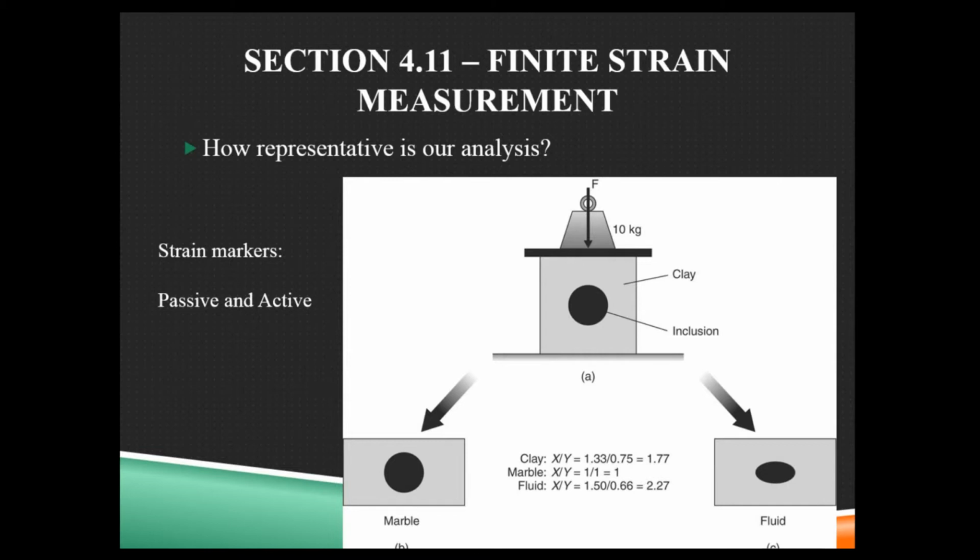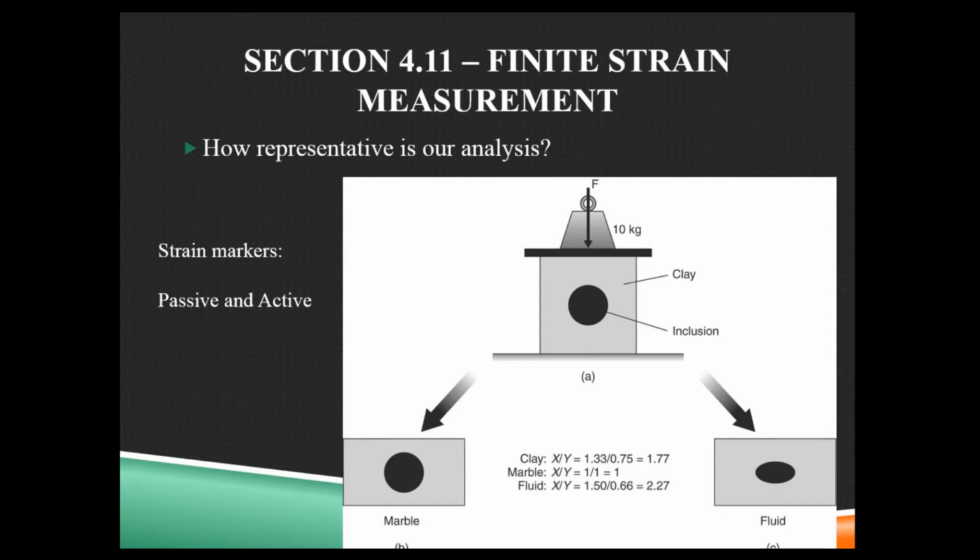We can start pushing down on that clay, and the clay will squish all over the place. The marble's unchanged. Or we could put a little balloon filled with water, pack our clay around it, and start pressing on the clay. That balloon filled with water squishes more easily than the clay does.